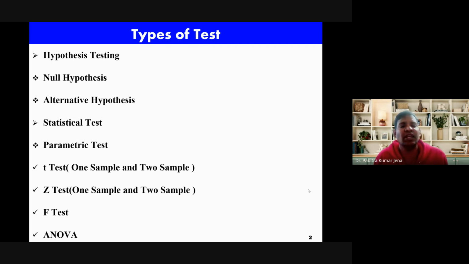Like if I say Saurabh is a bad boy, I have to prove it. If I cannot prove it, I cannot say it. So that means my statement is not significant. Getting my point?